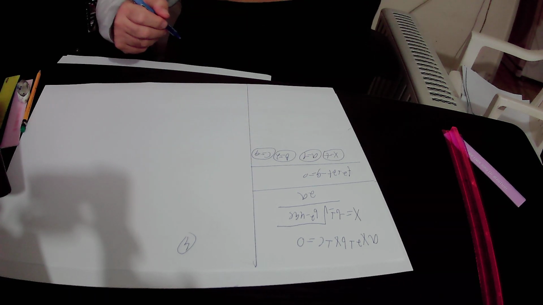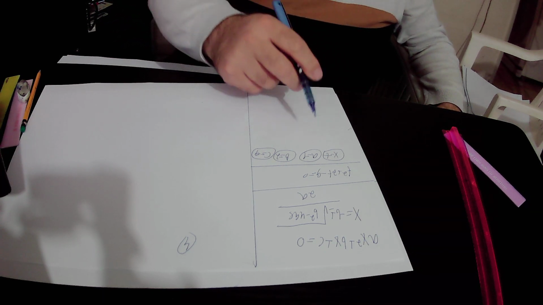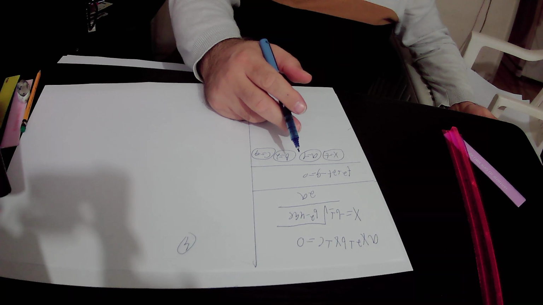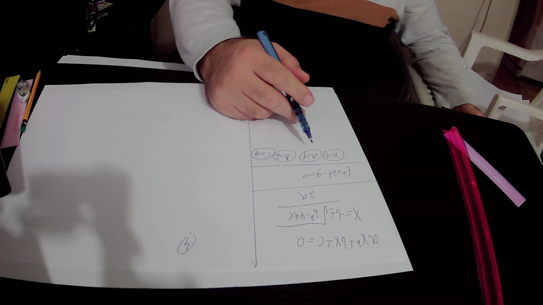Now the only thing that is left to do is to put the data inside the equation for x in order to find out the value of t, because x equals t.